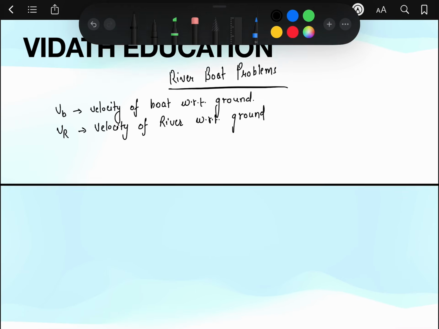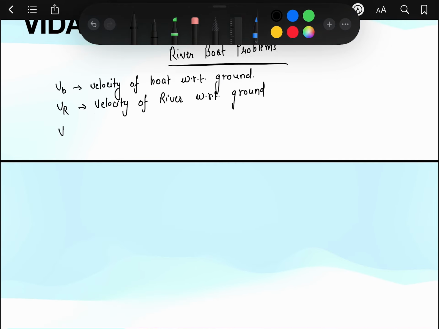Then the velocity of boat with respect to river will be Vbr. Let us write all these in vector forms.